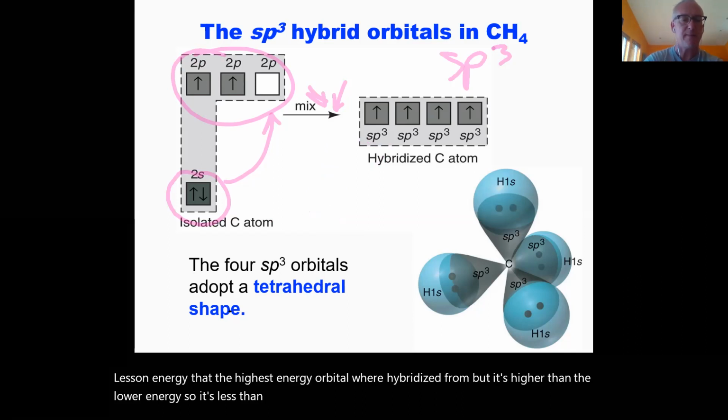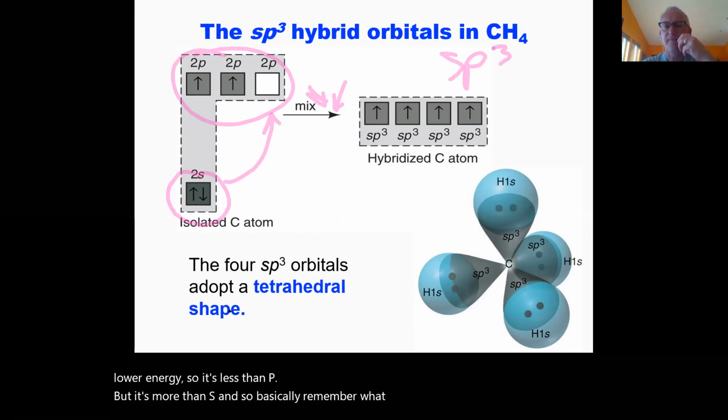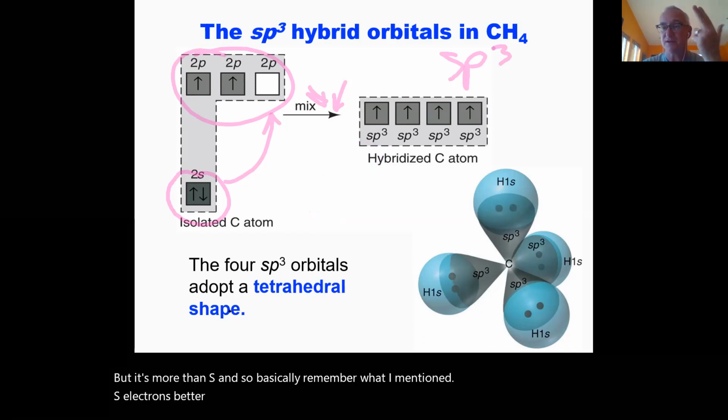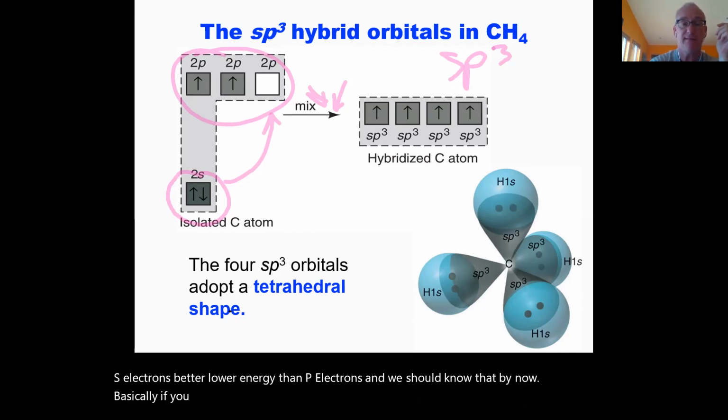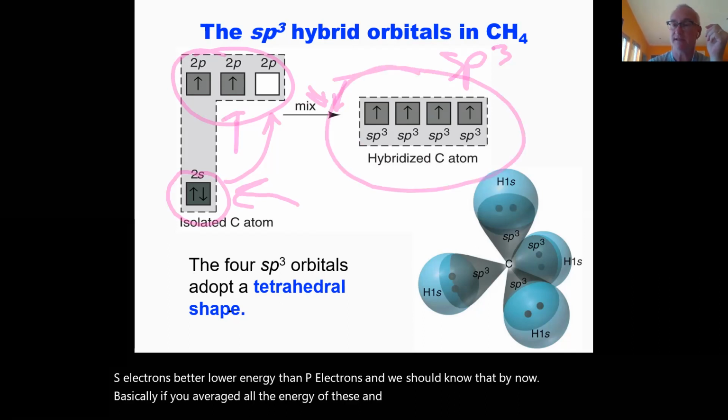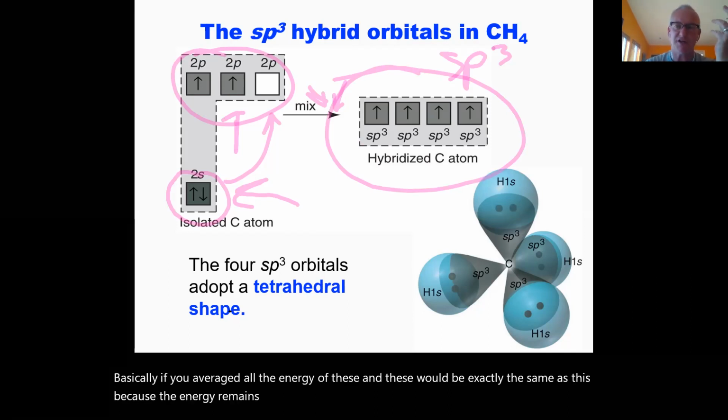And so basically, remember what I mentioned, s electrons are lower energy than p electrons, and we should know that by now. Basically, if you averaged all the energy of these and these, it would be exactly the same as this, because the energy remains constant. We don't lose any energy forming these.